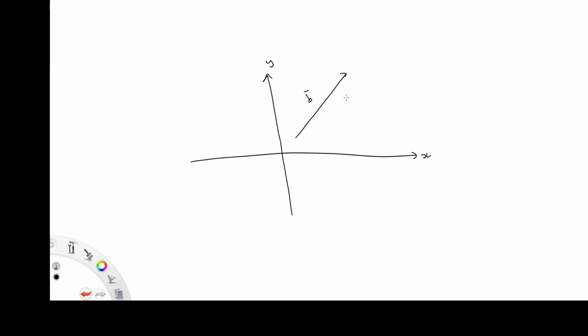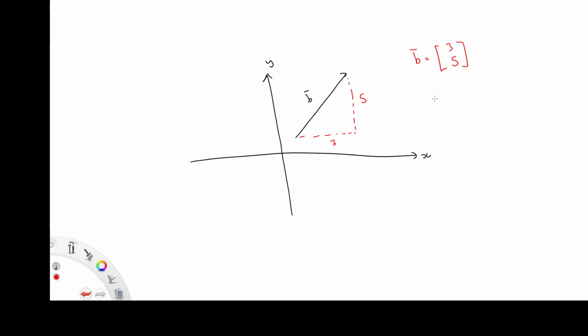This is the B dash direction vector, okay? Which was equal to, if we remember correctly, 3, 5. So we have 3 going upwards, we have 5. So B dash is equal to 3, 5.